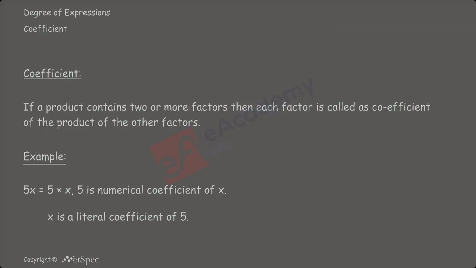This explains the factors. For instance, if any factor has the numerical coefficient 1 or -1, then we need not mention that numerical value of 1.